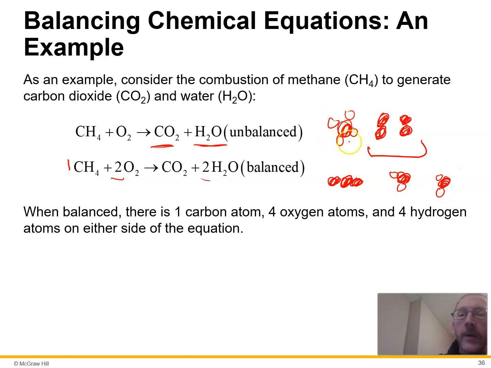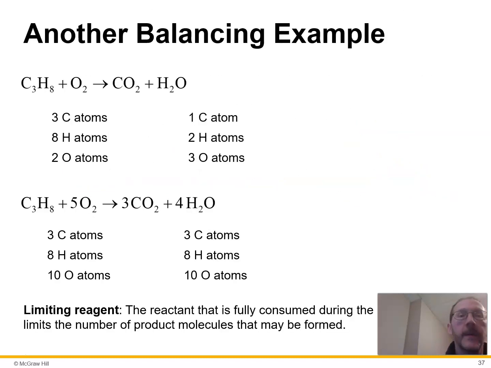And now 1, 2, 3, 4 hydrogens, 1, 2, 3, 4 hydrogens. There's 1, 2, 3, 4 oxygens, 1, 2, 3, 4 oxygens, and 1 carbon, 1 carbon. So this is the symbol representation, and this one is the particulate representation, where these are the reactants and these are the products. See how that works?